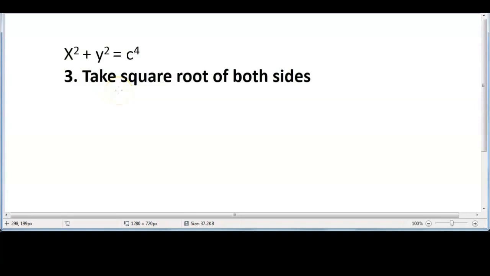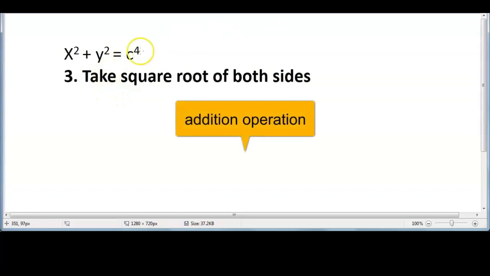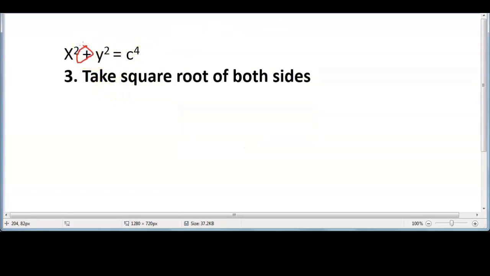The relationship between x squared and y squared is in the addition operation. The opposite of addition is subtraction. So you subtract x squared from both sides.